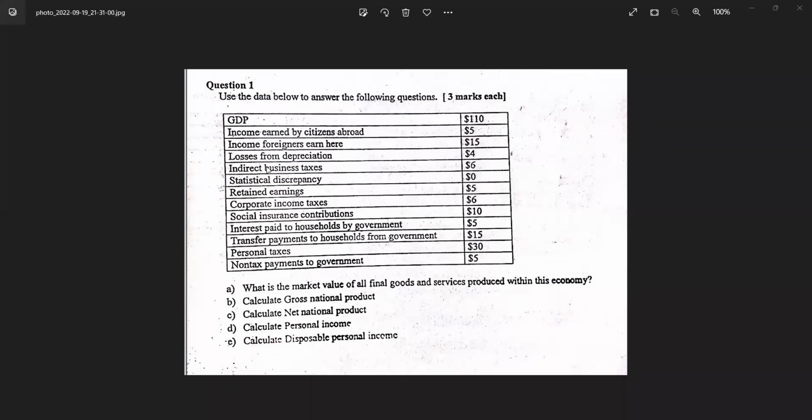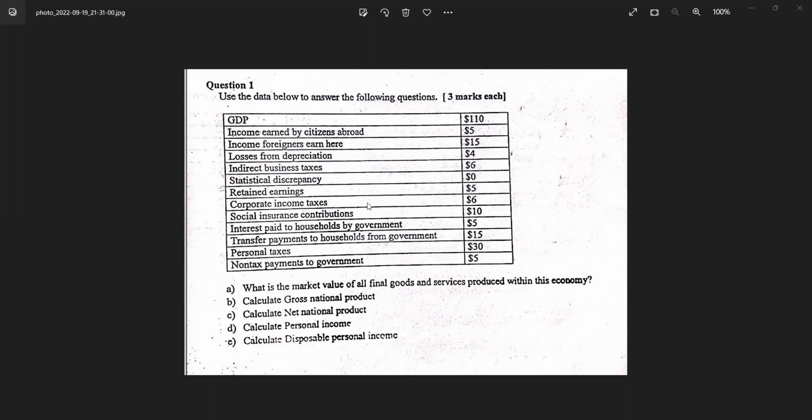That's what we call indirect business taxes; the charge on each bottle can be an indirect business tax. I mentioned statistical discrepancy; it can be a statistical error. Retained earnings are income that we receive and maintain in the business.